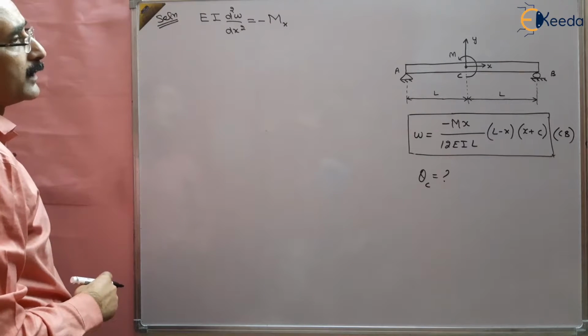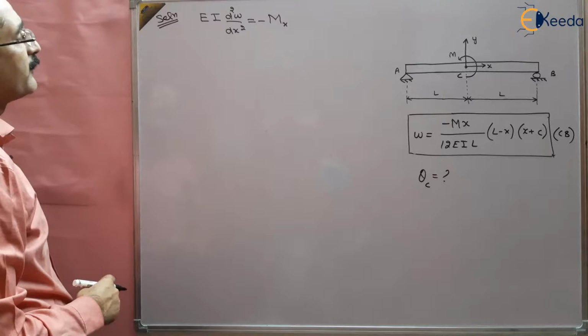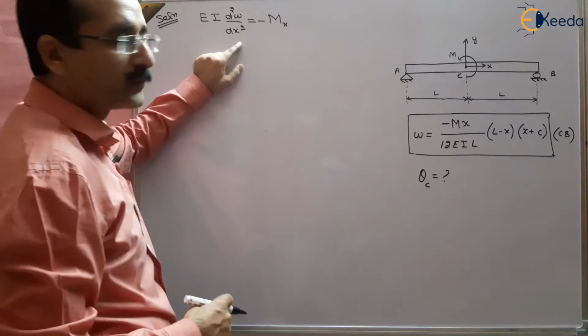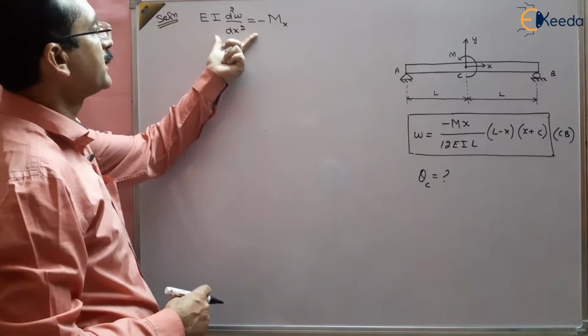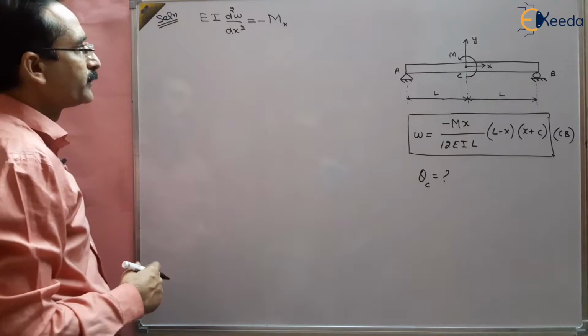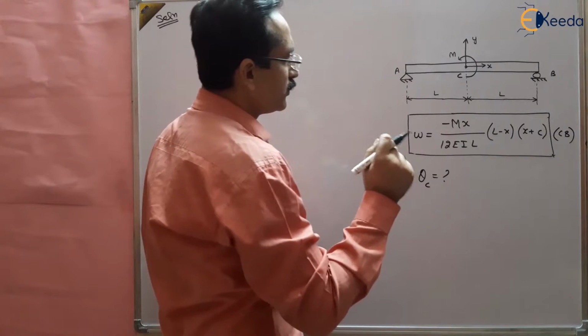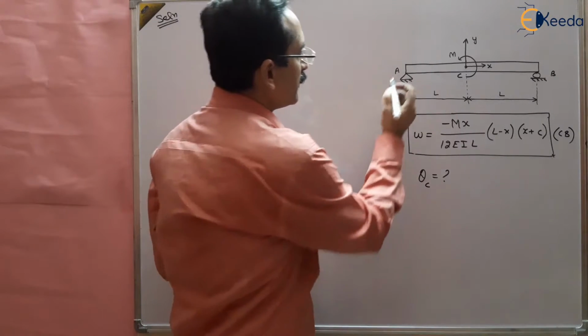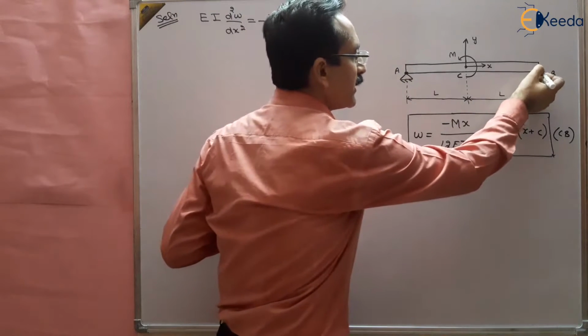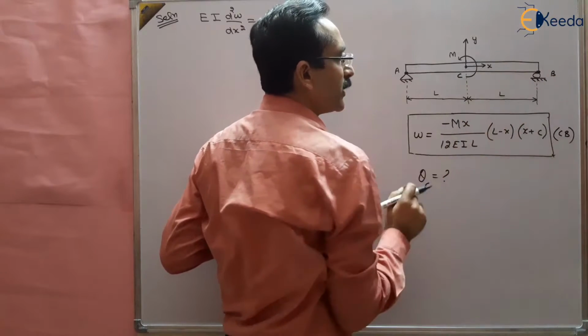To find the slope, we have to integrate it once. But here you should know the boundary conditions. One boundary condition is that at this point the deflection is 0. Another is that the deflection at this point is 0.